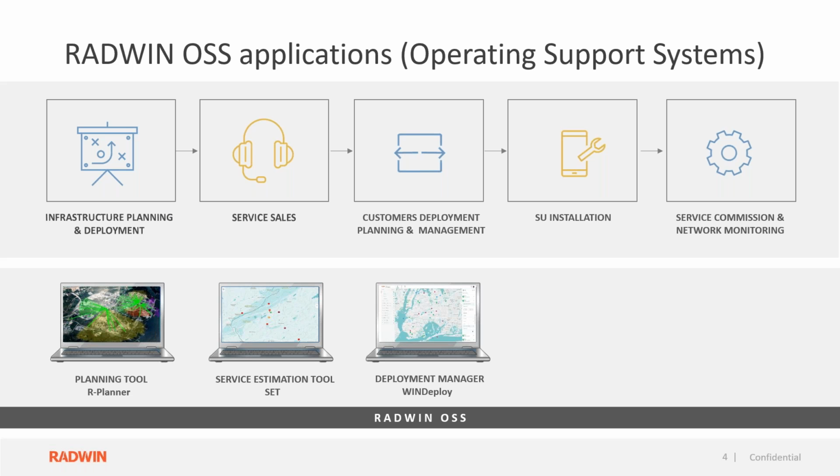The customer deployment planning and management tool, we call it DM, the deployment manager, gives us the tool to monitor and control massive deployments. What has been done, what is the future installation deployment plan, and it gives companies the ability to control and track their system integrator while they are doing the installation and deployment according to work orders.